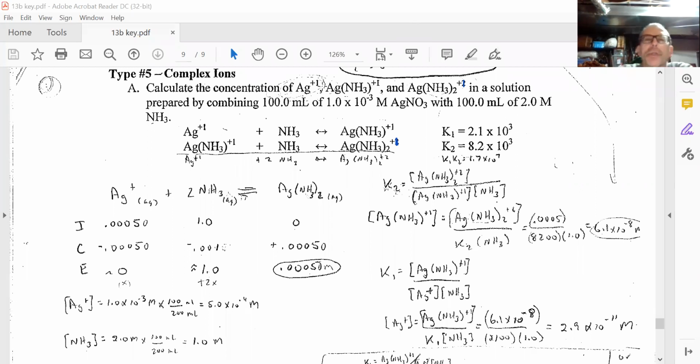So there are certain complexes like, let's say, Co(NH3)6 2+, or Co(H2O)6 2+, or Ag(NH3)2, which should be plus 1, or FeSCN 2+.